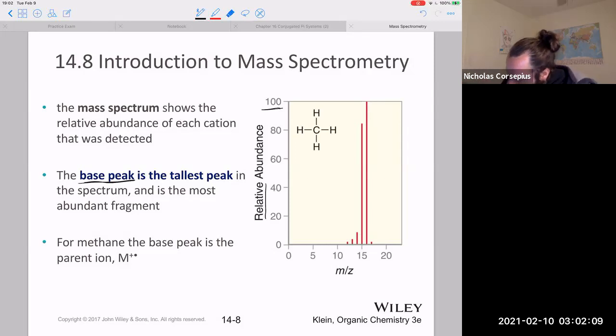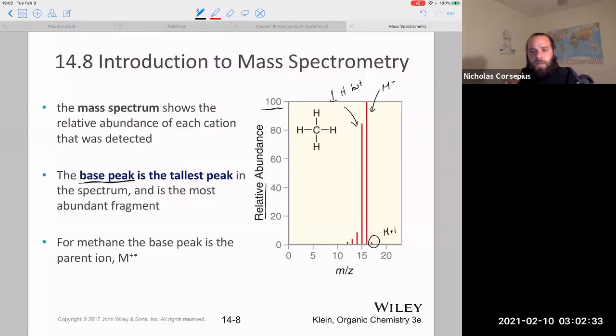So in this case here would be our molecular ion, the m/z corresponding to that whole molecule. And this is the one with one hydrogen loss. Notice over here, we do have what's called the M+1 peak. We'll talk about that in a second.